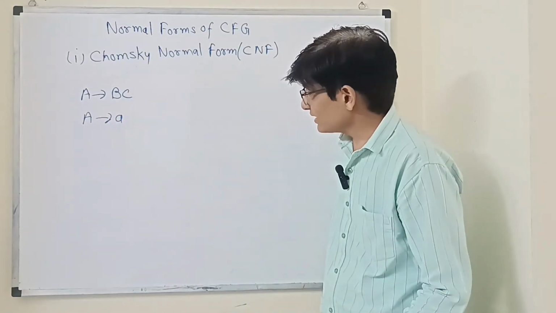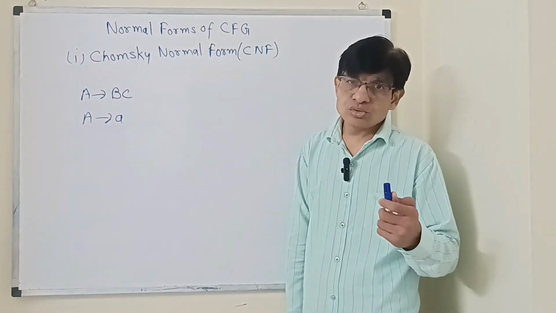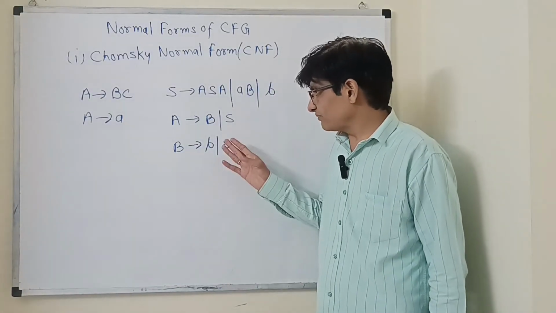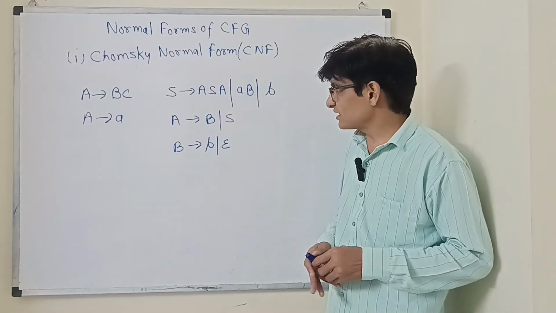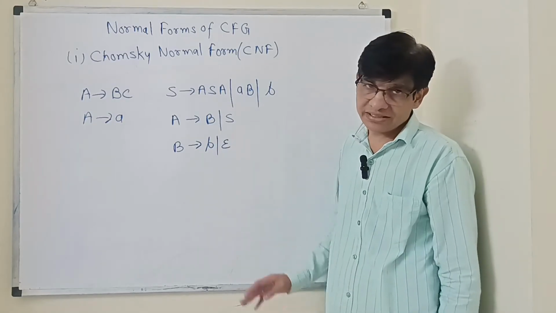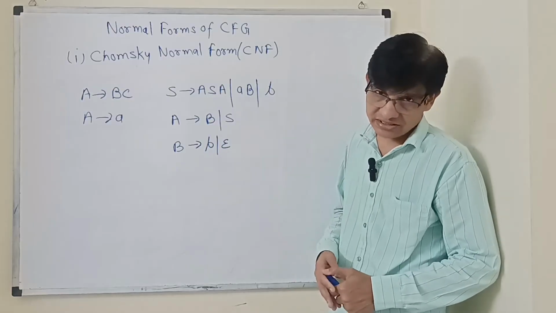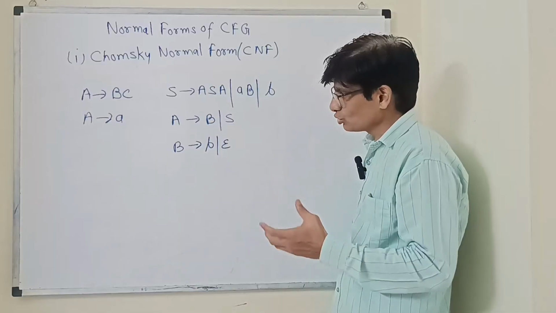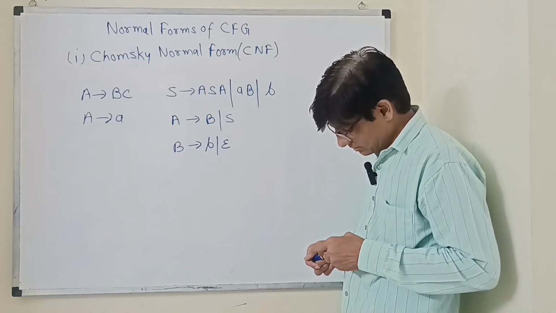I will take one example to convert into Chomsky normal form. Friends, this is an example grammar that we need to convert into CNF, and you can see that in this grammar we have an epsilon production and unit productions. I have taken this example purposefully to explain the conversion into CNF, so that we use all the concepts and all the removal steps.